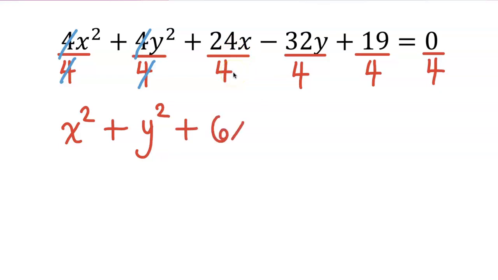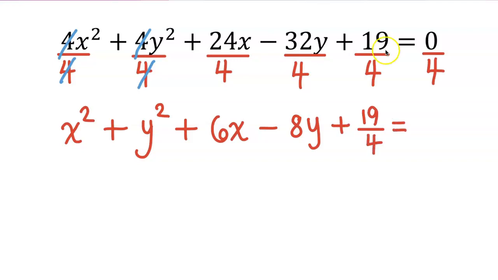So we have 6x minus 32 divided by 4 is 8. So we have 8y. And look, 19 divided by 4. I wish this number was 20, right? But hey, we sometimes will run into these fractions. So let's just leave it as 19 over 4. I wish that was just a simple number, but it's all right. We can handle this. Now, 0 divided by 4, let's just write 0 there.